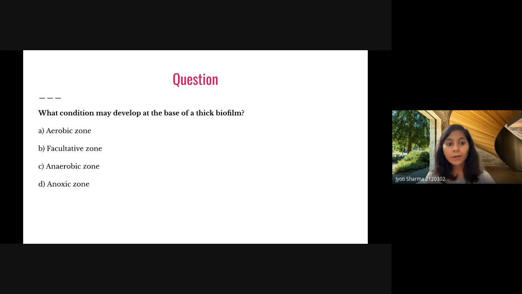Aerobic zone, facultative zone, anaerobic zone, anoxic zone. Okay, so Diya and Venkateshwara both gave me answer C.